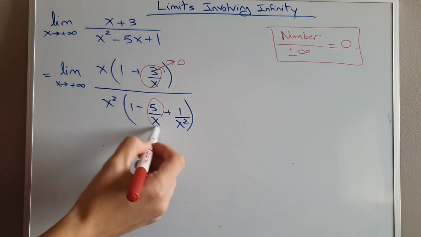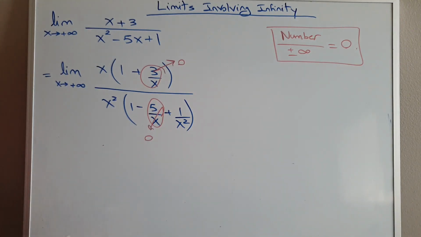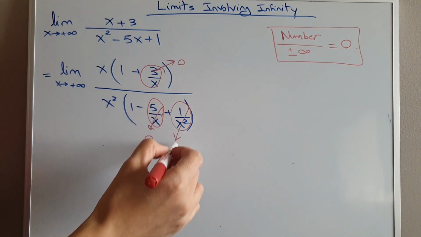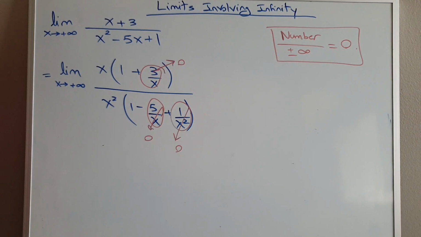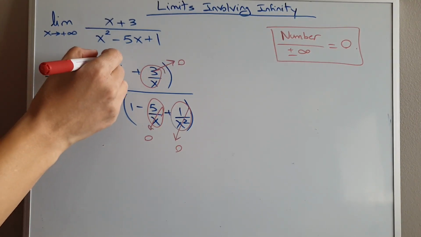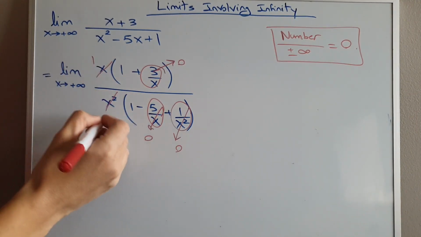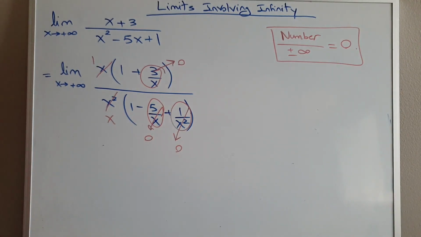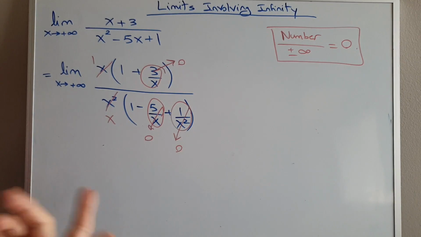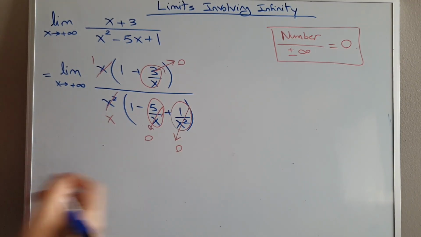Number over infinity, again 0. Number over infinity, again 0. And then I have x and x squared, so I can cancel 1x out, and I'm left with x. Let's try to replace. In the numerator, I end up with 1 times 1, which is just 1.